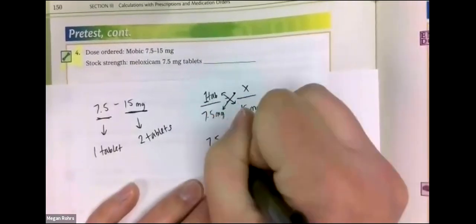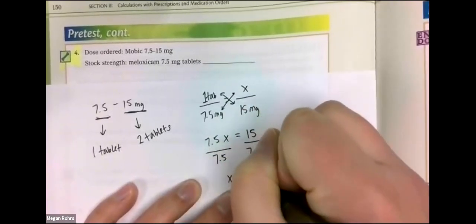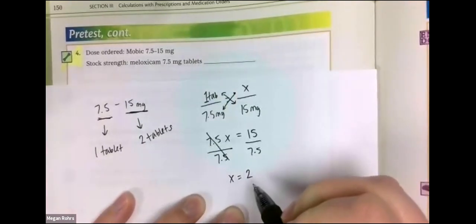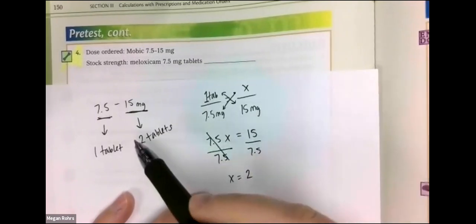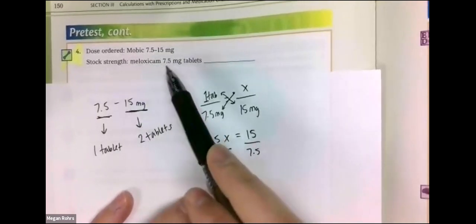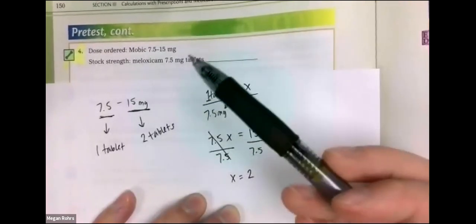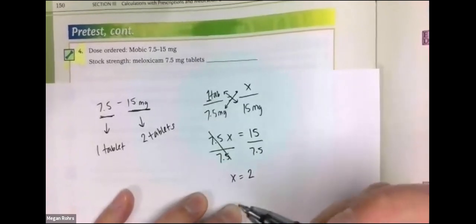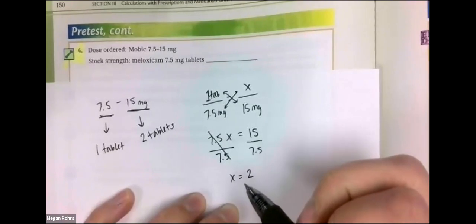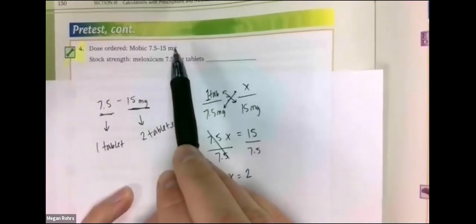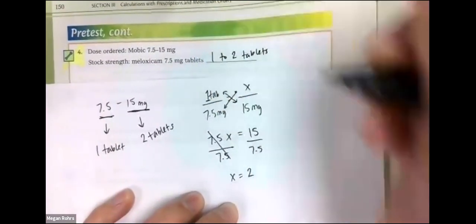Gotta get x by itself, so we divide by 7.5, and x equals 2, or 2 tablets. So if you need to set it up, feel free. If you can look at these and just figure it out in your head, that's great. That's the end goal that I want you to be able to do once you are done with this class. But right now, if you need to, set these up. So our answer, 7.5 to 15, would be 1 to 2 tablets.